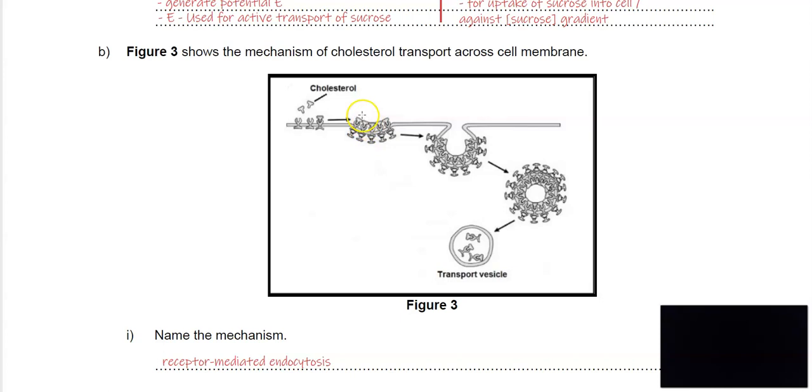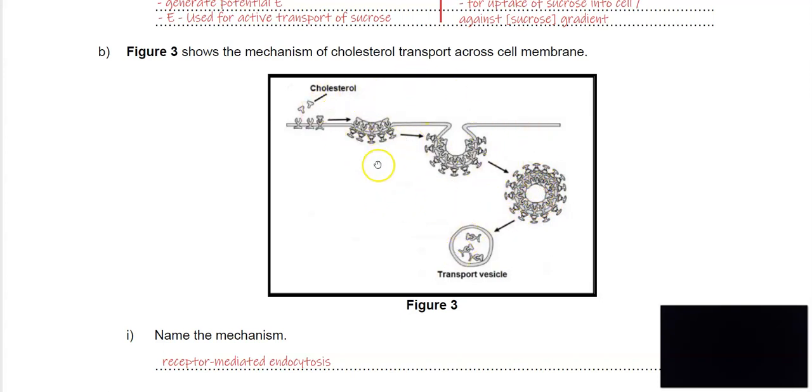Once the cholesterol binds to the receptor protein, it causes the membrane to fold inward, and this we call the formation of a coated pit. The coated pit then forms a coated vesicle that brings cholesterol in bulk into the cell. So this is a type of bulk transport.